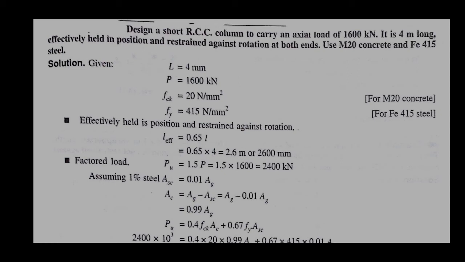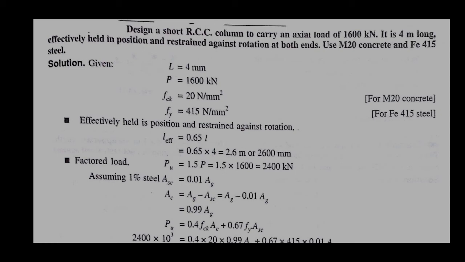Look, in this question effective length is not given, length is given, okay, and end condition, that means support condition, is given to find out the coefficient which we have to multiply to calculate effective length. Okay.